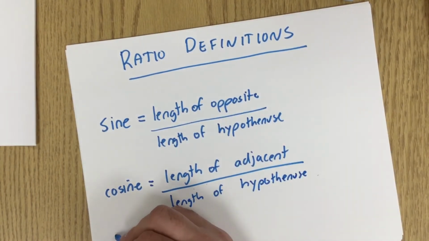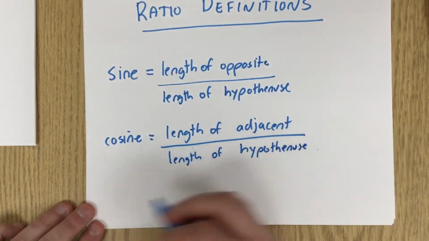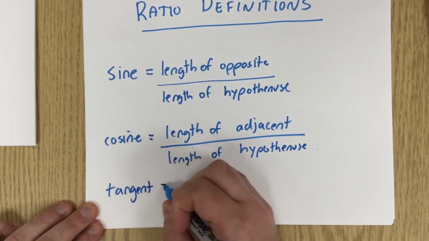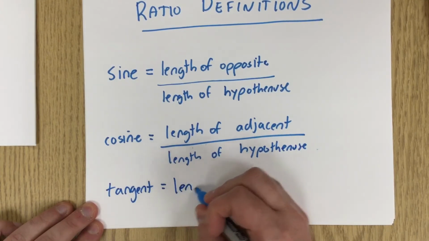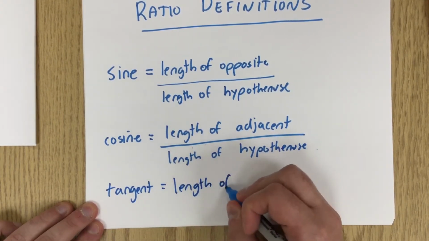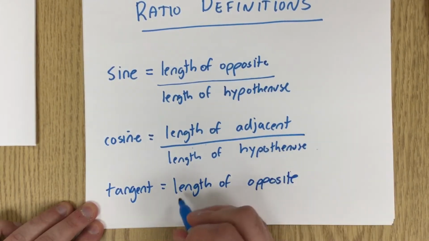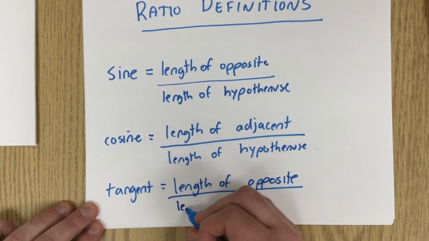And then, last but not least, we're going to have the tangent ratio, which is going to be the length of the opposite side over the length of the adjacent.